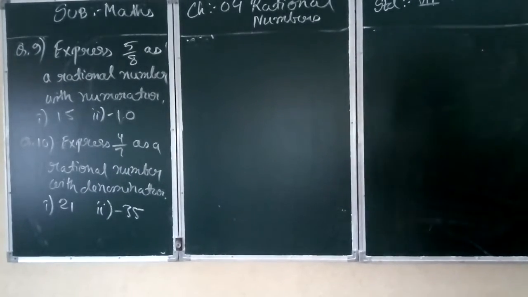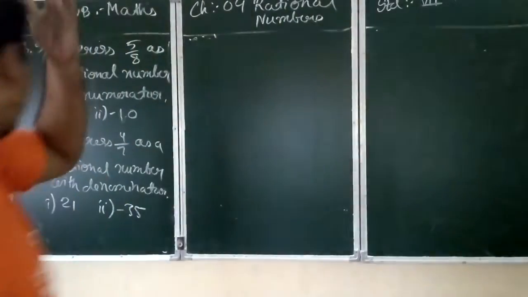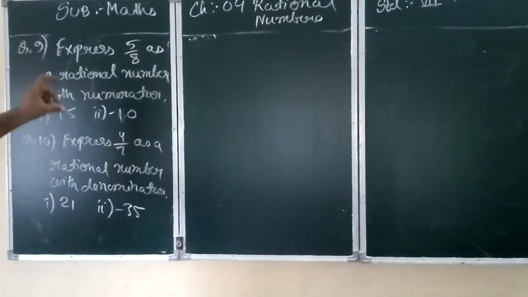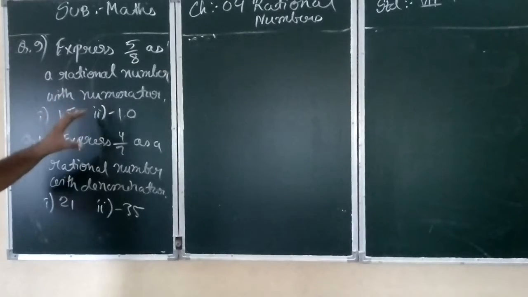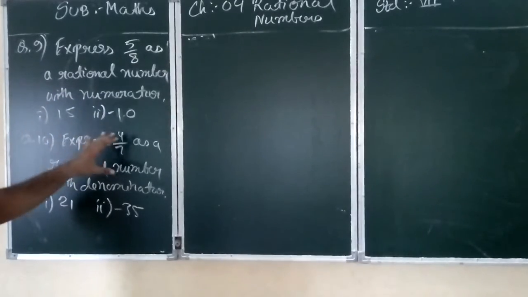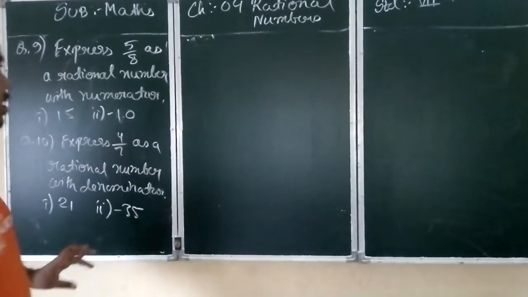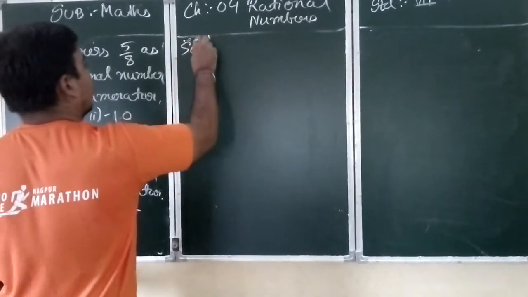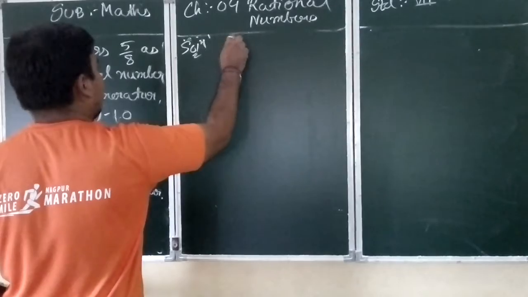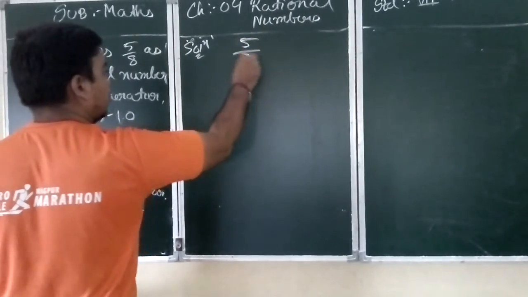Okay, which is question number 9 here. The question: express 5 by 8 as a rational number with the numerator 15 and minus 10. Simple question. The rational number is given. Solution: rational number is given, 5 by 8.